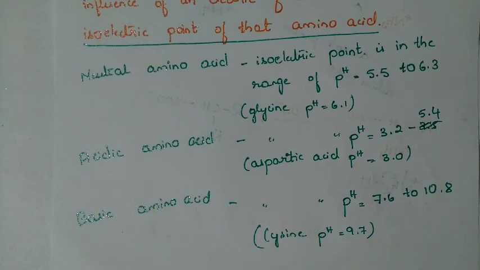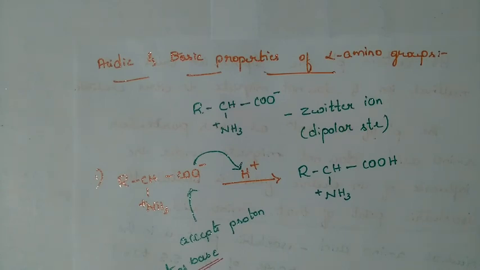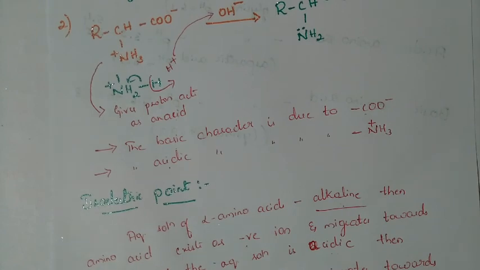This has been taught for competitive purposes. Likewise, you can observe the acidic and basic properties of amino acids, and we have also discussed essential and non-essential amino acids. Essential and non-essential is there for theory. Zwitterion formation is there for theory. That means what a zwitterion is and how it is formed is there for theory. The remaining, all whatever we have dealt with today, is for competitive purposes.